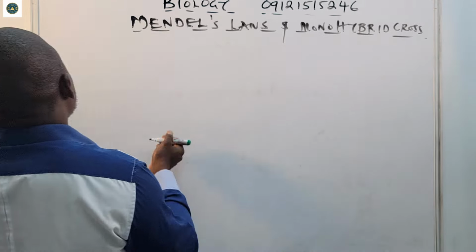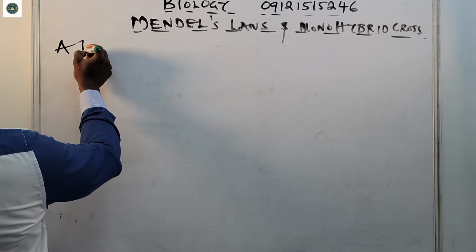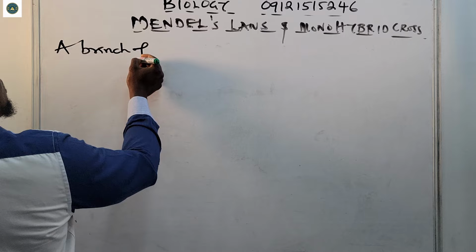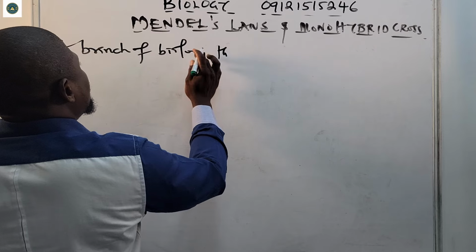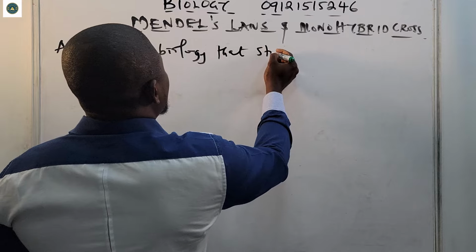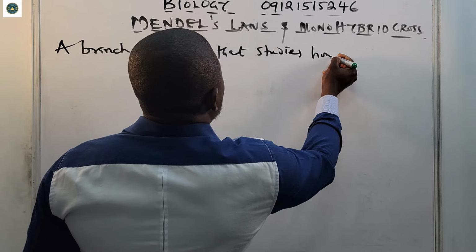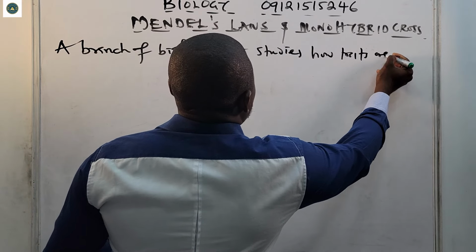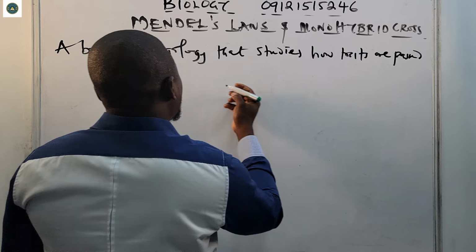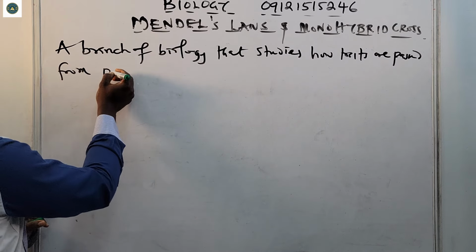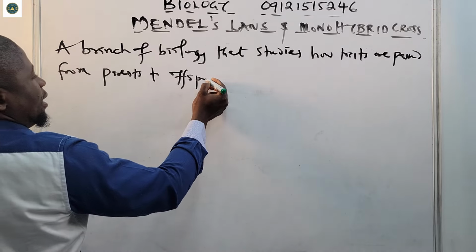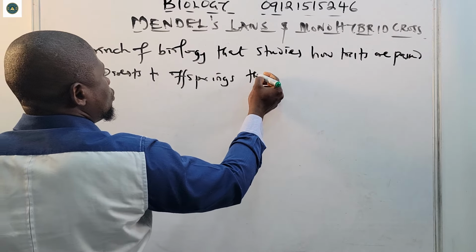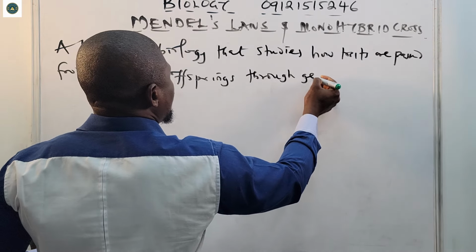We also say that genetics is a branch of biology that studies how traits are passed from parents to offspring through genes.